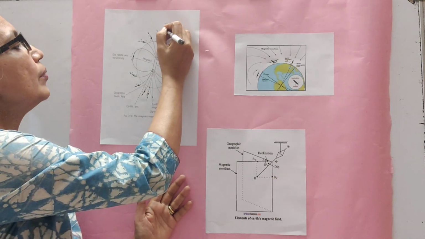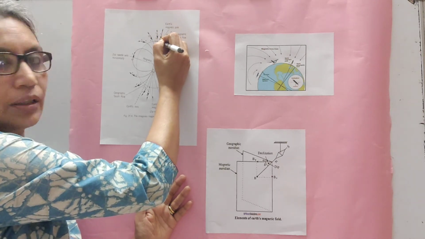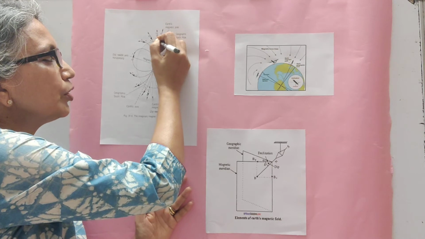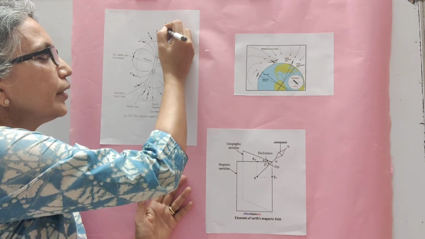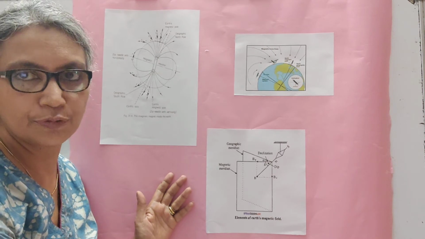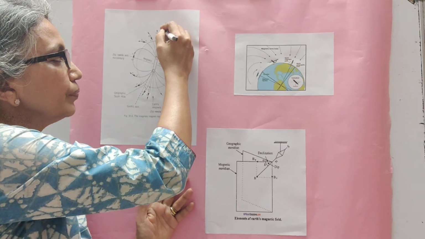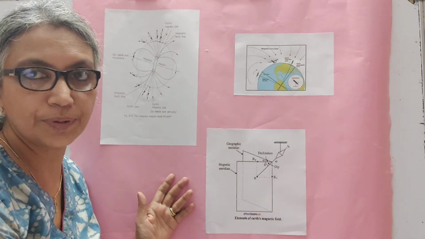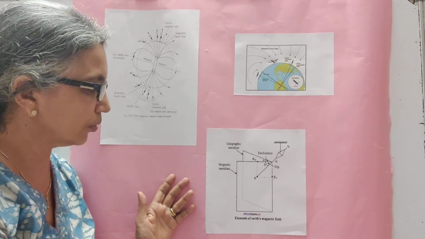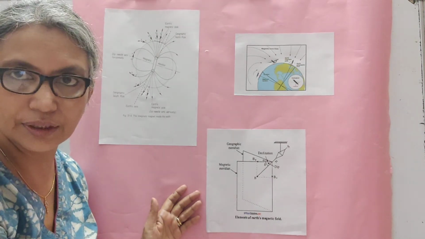At the magnetic north pole, the magnetic needle is perpendicular to the surface of the earth, and therefore the angle between the surface of the earth and the total magnetic field of the earth will be 90. So at the poles, the angle of dip will be 90, but at the equator, the angle of dip will be 0. Okay, so I hope you've understood what the angle of dip is.